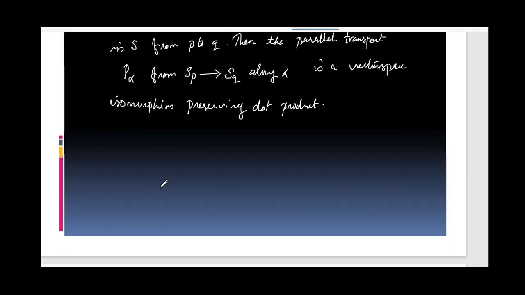So let us write in brief. That is, we want to prove: first, P alpha is a linear map.